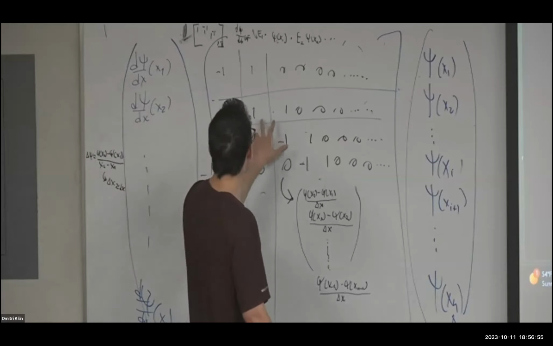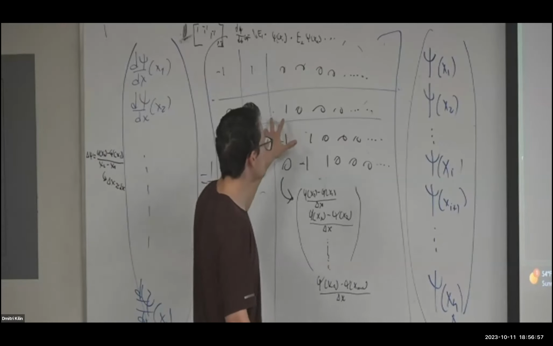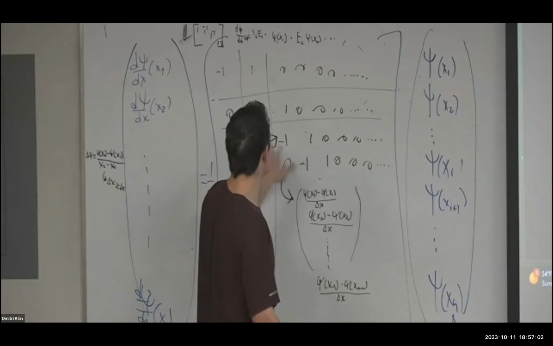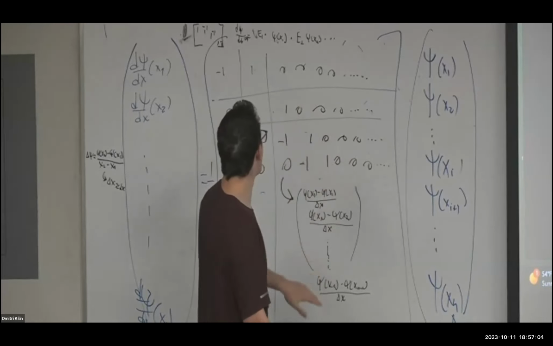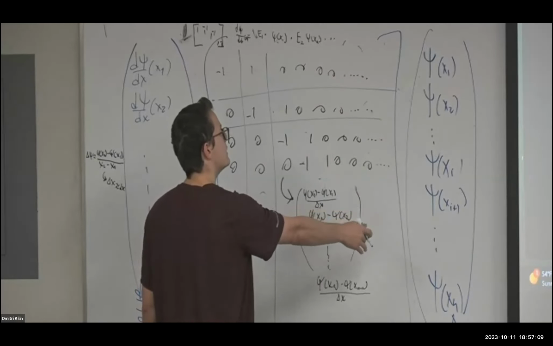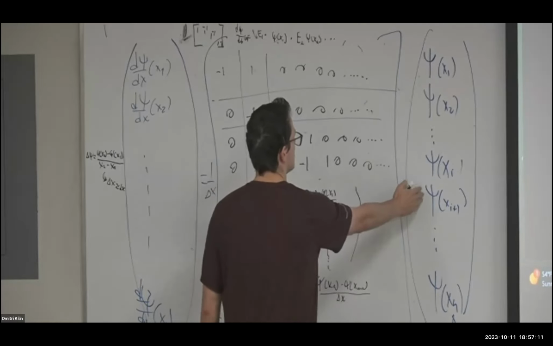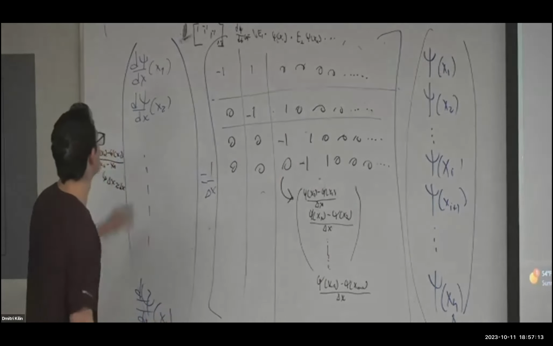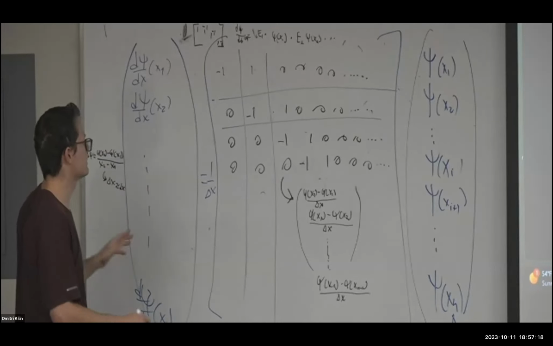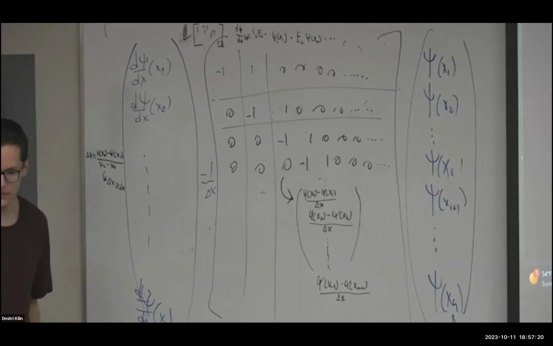Then we move down, shifting the negative 1 and 1 over a spot to get x2 and x3, shift it over again, and repeat for however many elements are in our discretized wave function vector, to get the vector composed of derivatives. They're basically like coordinates. So we're taking derivatives at different points. Okay, that makes sense. Accepted? Yeah. And thank you, James.